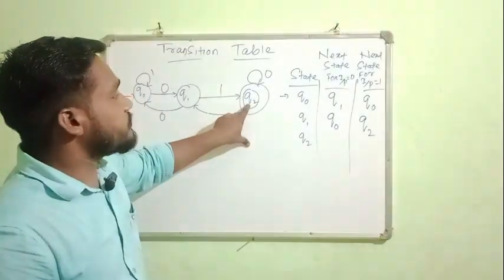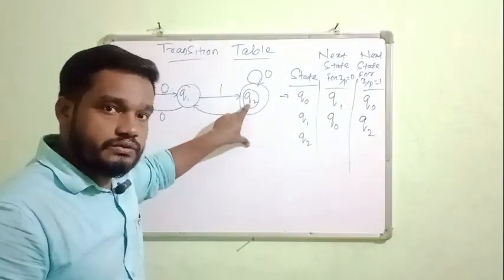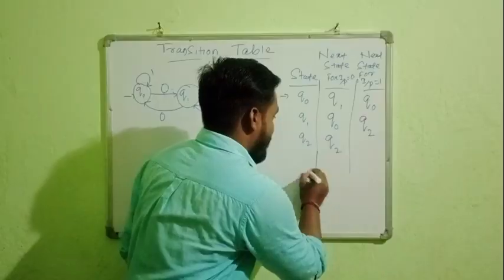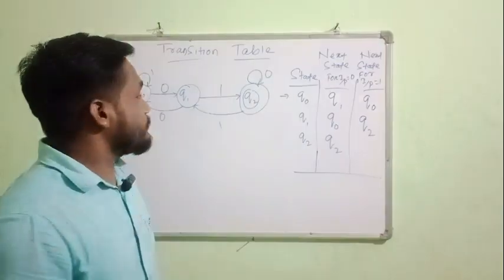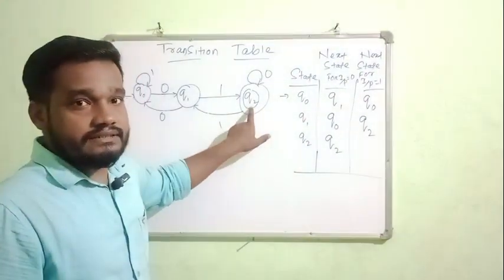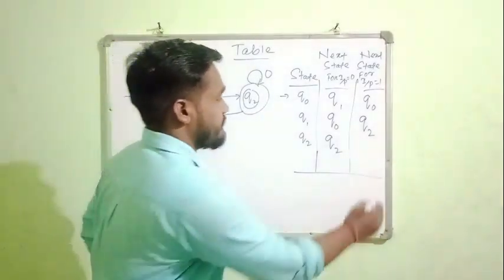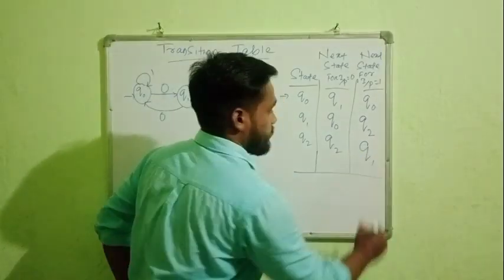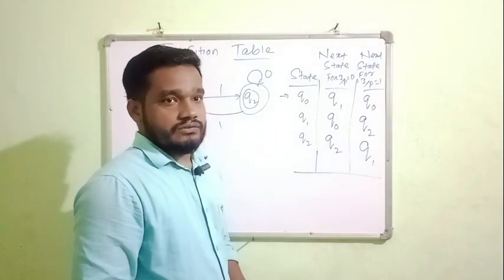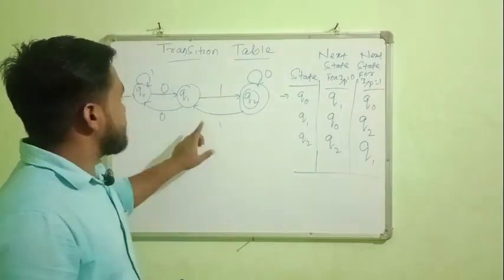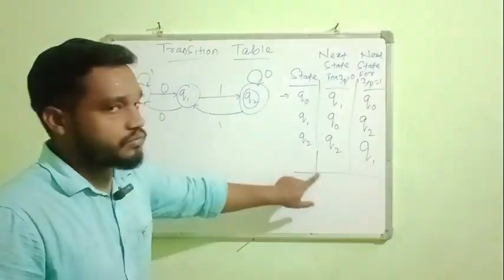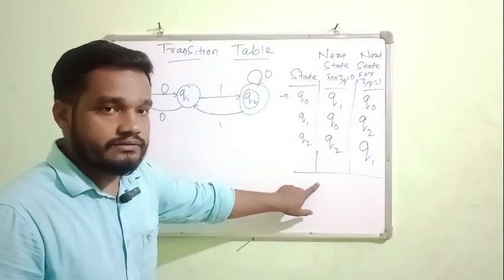In case of Q2, if we use 0 as input, then we will arrive at Q2 itself. If we use 1 in the Q2 state, then we will arrive at Q1. So this is the conversion or creation from a DFA machine to a transition table.